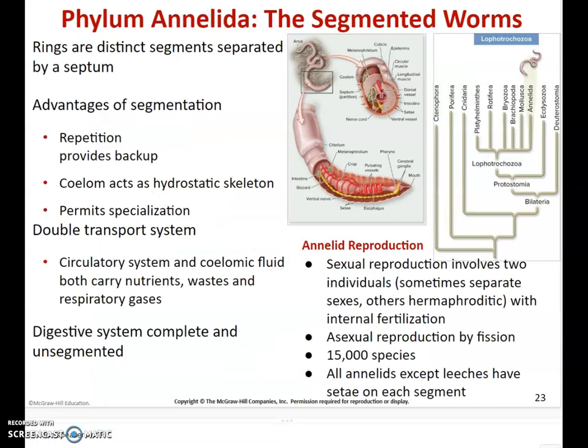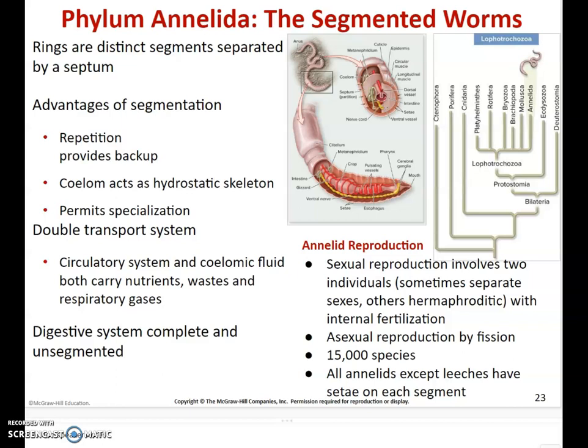So the septum are important because those segments allow the hydrostatic skeleton to work, and also allows for specialization, like that system of digestion. The segmentation also allows a repetition. So if a worm is cinched in half, like it breaks off a piece, it can regenerate part of itself and still function, still continue to survive.